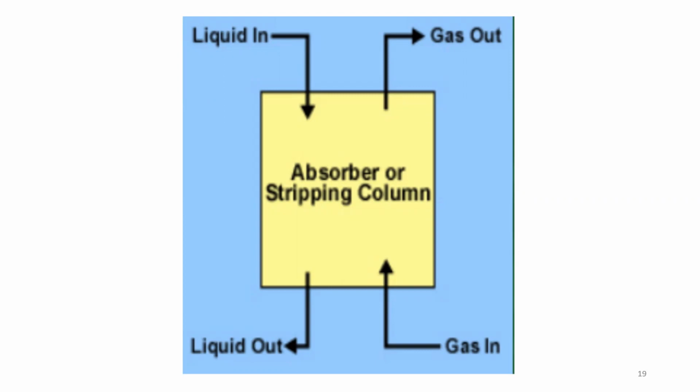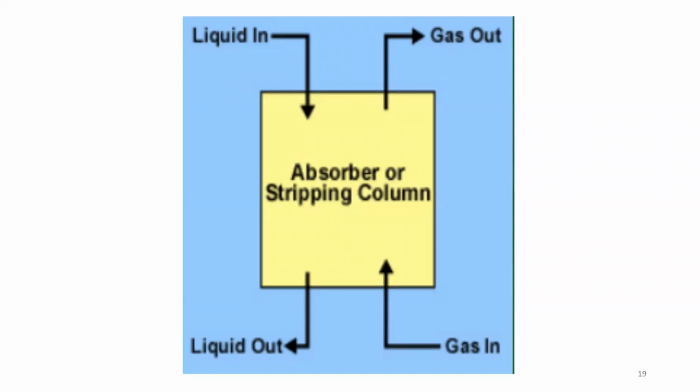On the basis of that, this solvent is selected and sprayed from the top to the bottom. With the help of the liquid distributor, this liquid is going to distribute throughout the column. Then gas is passed from the bottom to top. When this gas and liquid are contacted, only the solute part, the air pollutant which can be dissolved into that solvent, is going to dissolve, and the remaining clean gas is separated out.